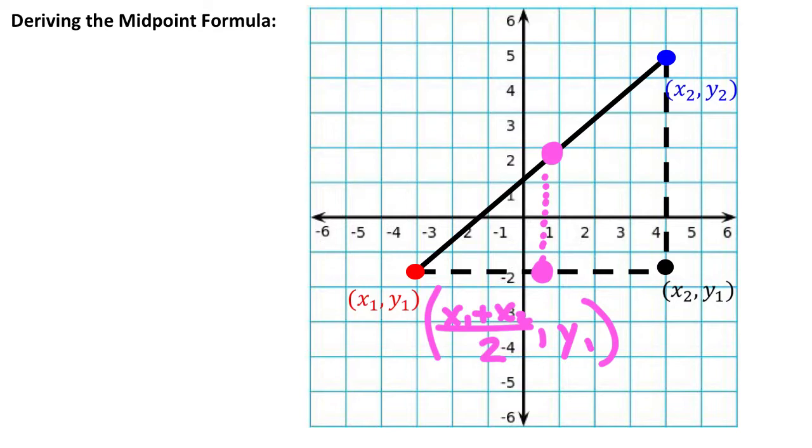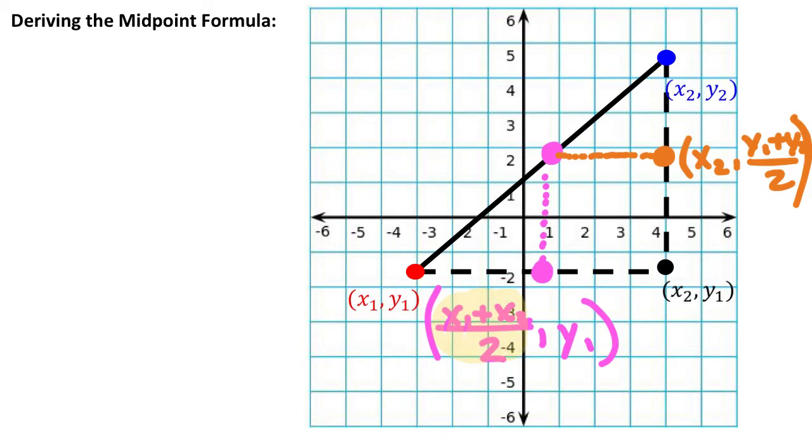Now for the second point, we know that this midpoint is going to be straight across from here. So while the x coordinate for both of these is the exact same, the distance here is going to be the average of the y's. So I can call this x2, comma, y1 plus y2 over 2. And now if I want to look at this ordered pair, we can see that the x coordinate is going to line up with the x coordinate from here.